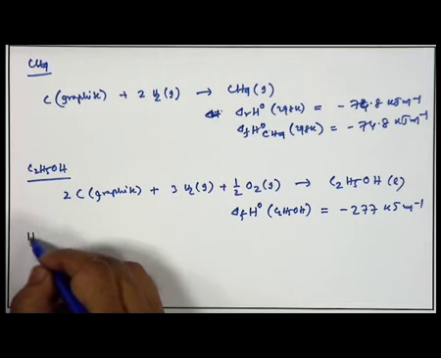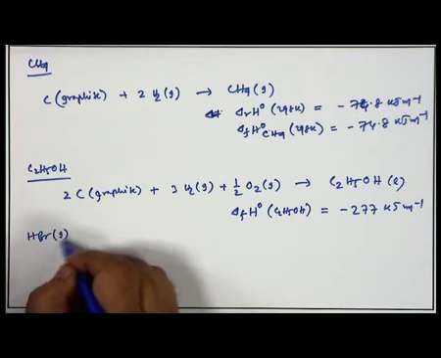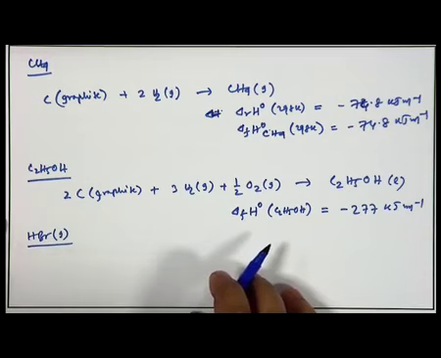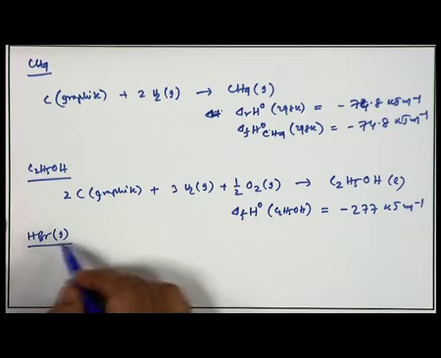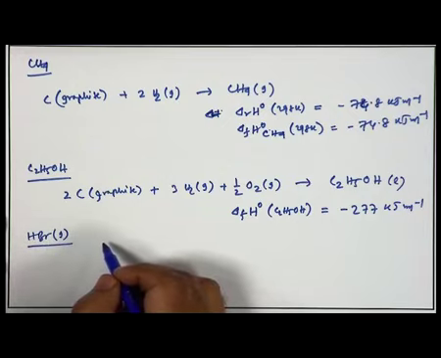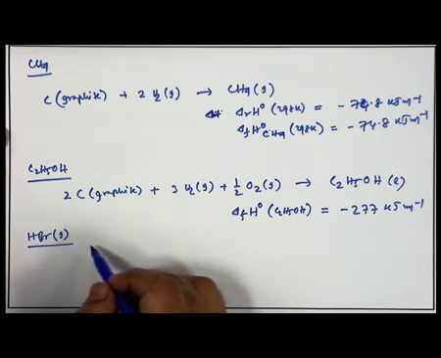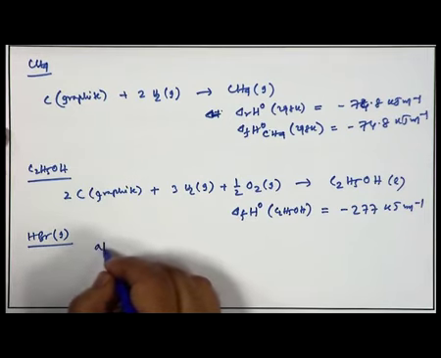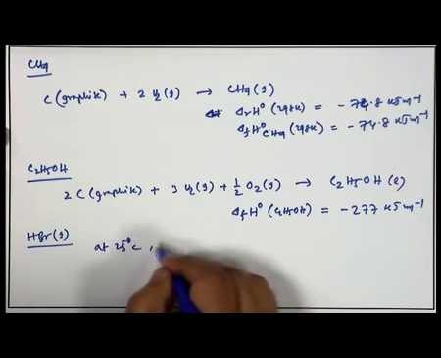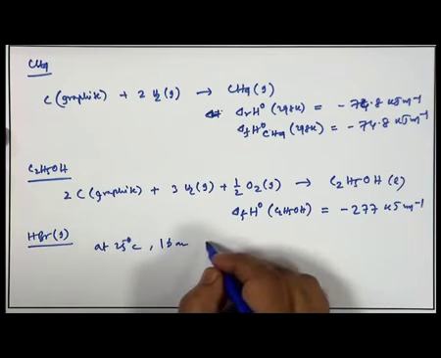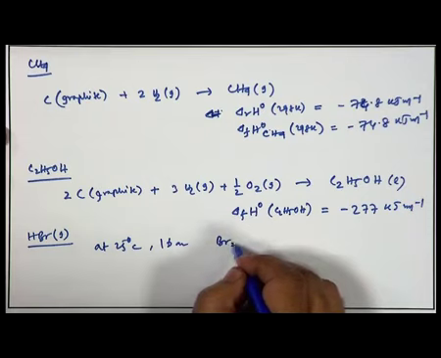One more example, if we want to get HBr gas, the enthalpy of formation. Now, the constituent elements are bromine and hydrogen. Now, at 25 degree centigrade, if we want to find the heat of formation at 25 degree centigrade, at 1 bar pressure, bromine's most stable form is bromine liquid.